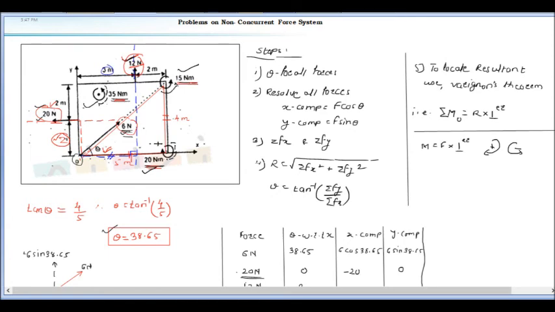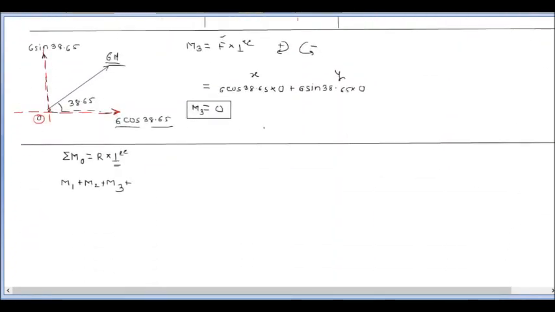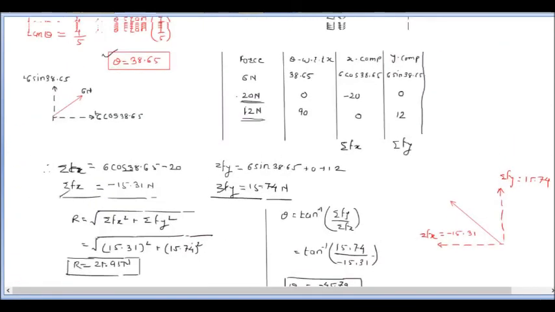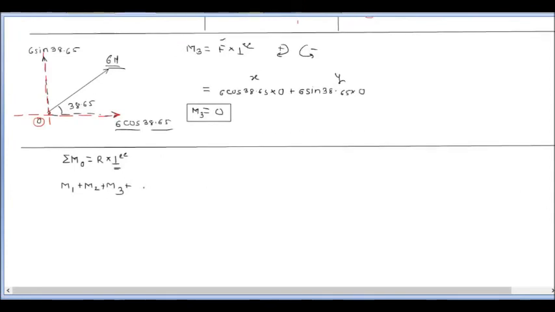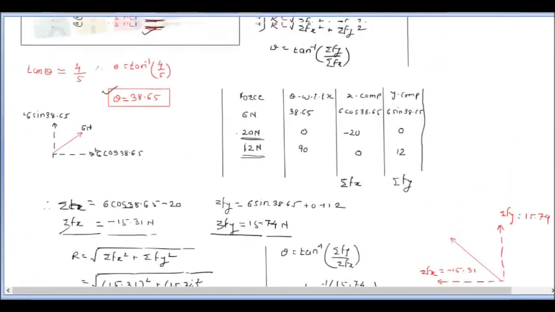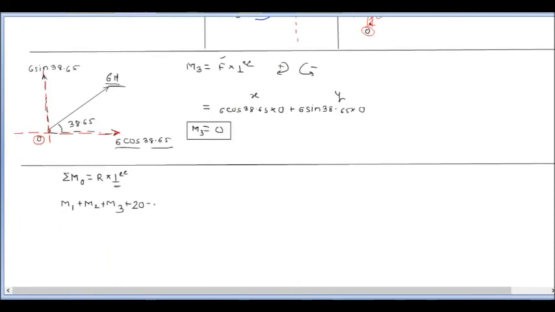So 15 negative, minus 35, minus 15, plus 20. All these things we have to consider in the sum of all moments. So the 20 will be positive.